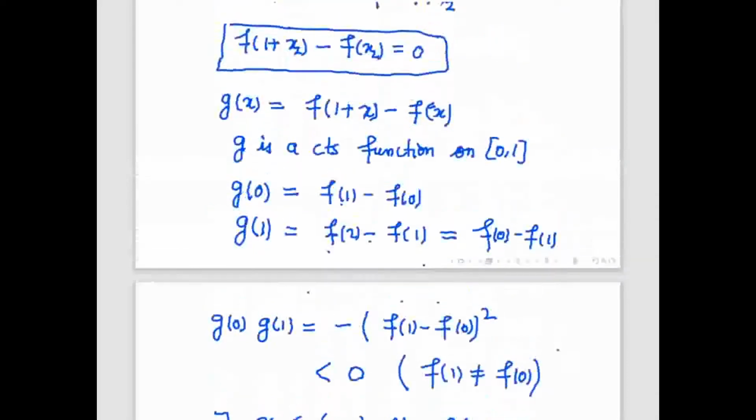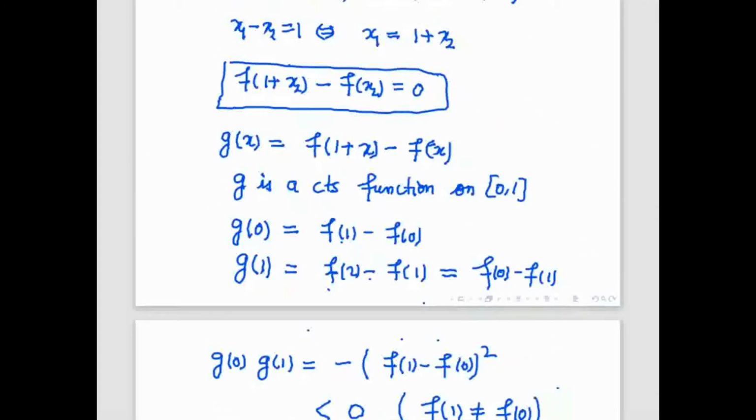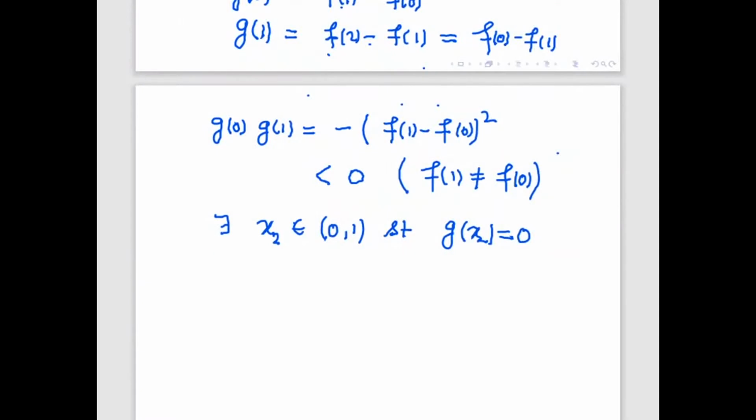If g of x2 is 0, that means f of 1 plus x2 minus f of x2 equals 0, and that we have to actually prove. So when f1 is not equal to f0, we prove that g of x2 is 0, which means f of 1 plus x2 minus f of x2 equals 0.